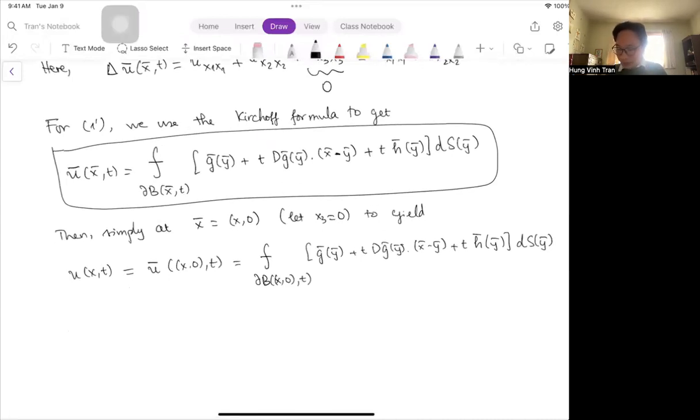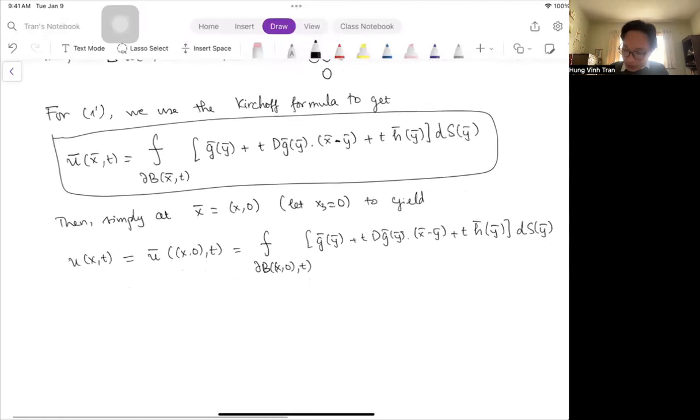There might be some confusion here, because the point is that we are taking a point x, 0. This point is in the plane of x3 equal to 0 in three dimensions, right? And then here we are taking a sphere, and remember this sphere is in 3D.